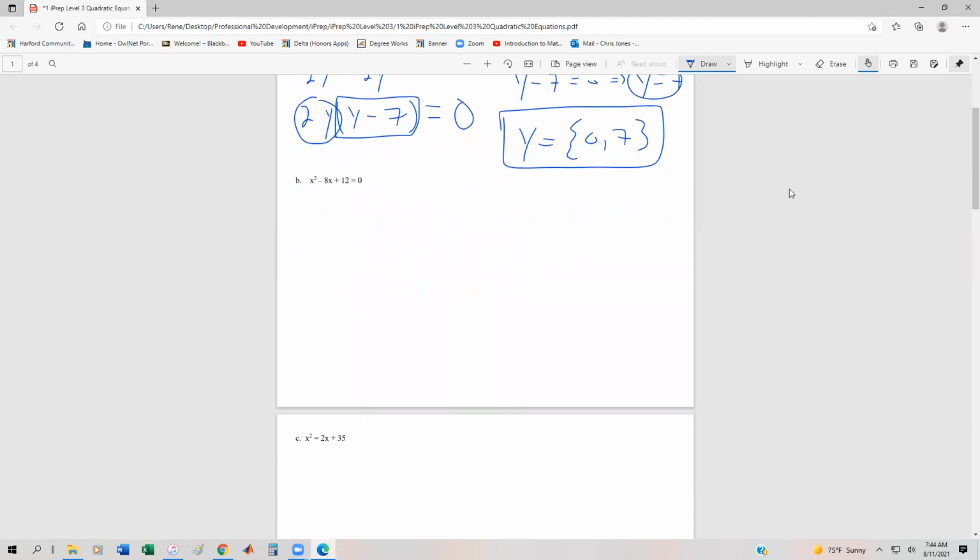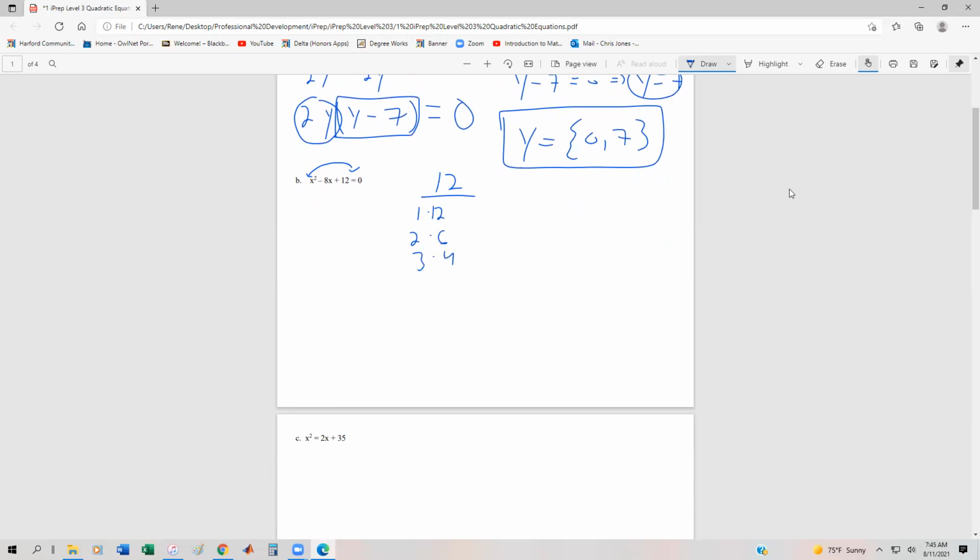A second example is a trinomial type. We're going to multiply 1 times 12, and that's going to give us 12. We're looking for all the numbers that multiply to be 12, which is 1 times 12, 2 times 6, 3 times 4.